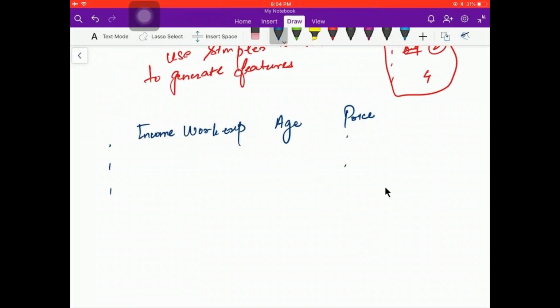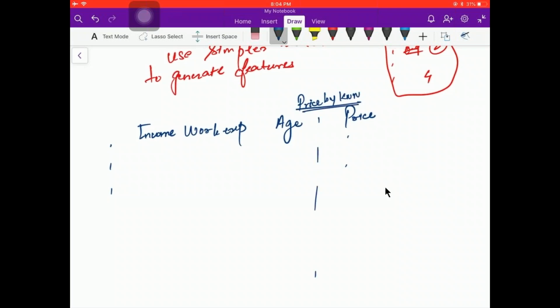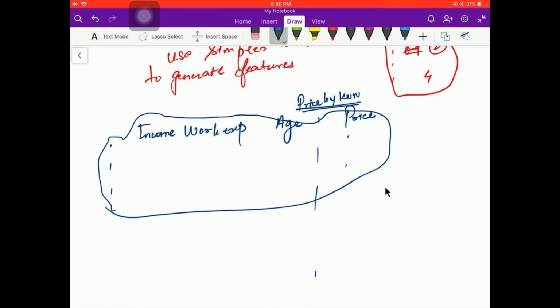Now you say that you have tried everything and you're not getting much beyond that. So what you try to do is build price by the KNN method. Whatever set was given, you apply KNN, do a prediction on this, and add this as a feature.